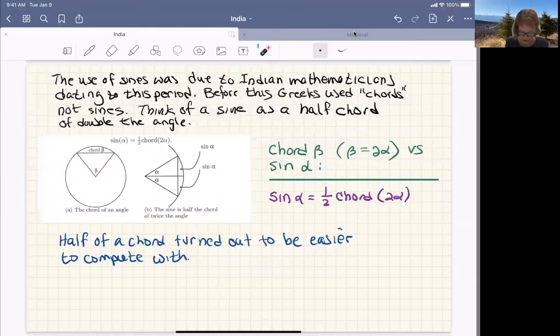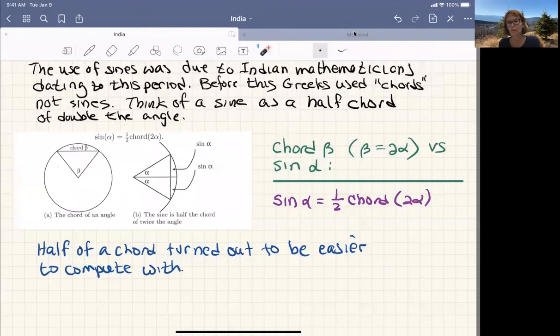And so if this is beta, this is the chord of beta. And of course, if you have a circle of radius more than 1, it would be a multiple.